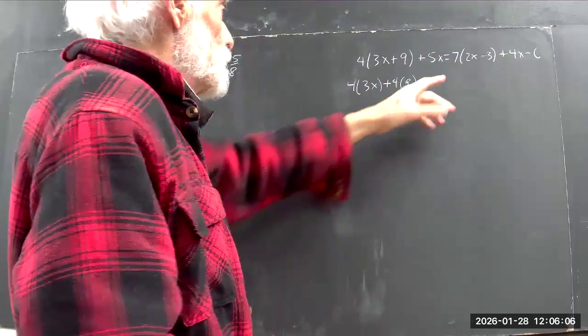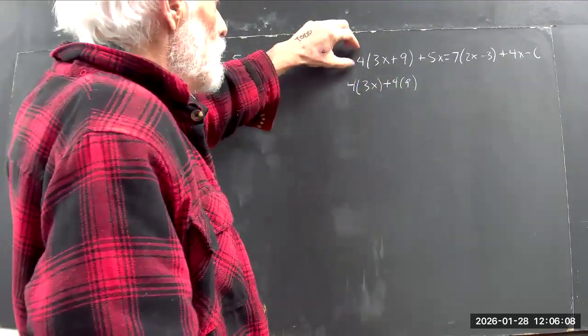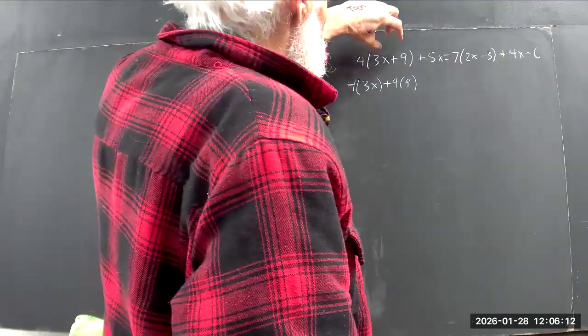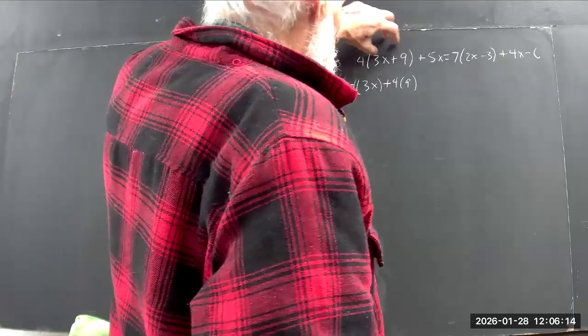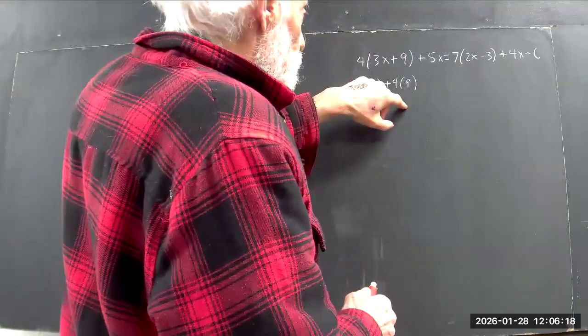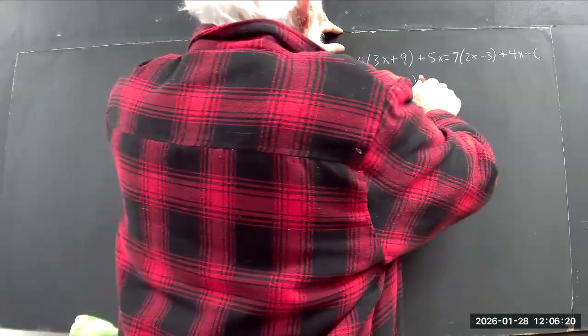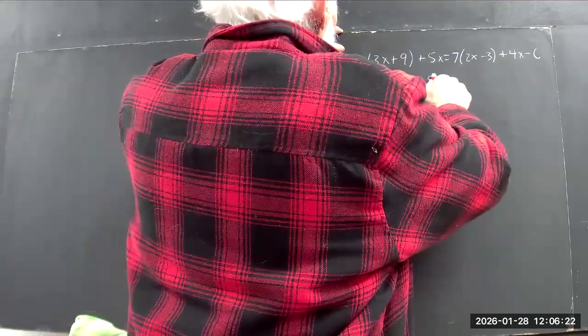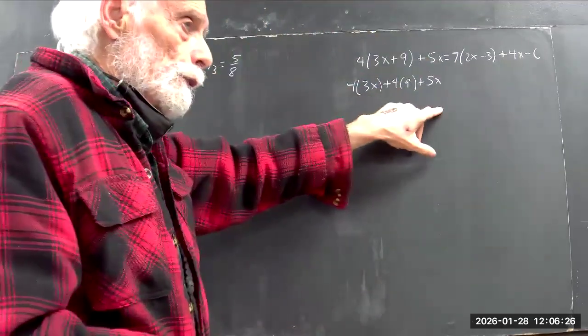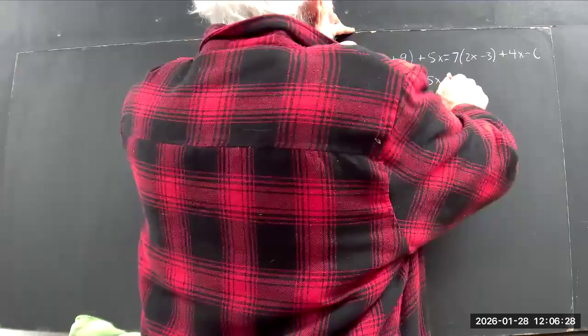First thing we want to do is simplify the left-hand side. We use the distributive law to multiply the 4 by the quantity 3x plus 9, and we get 4 times 3x plus 4 times 9. And then we still have the 5x outside of that parentheses. So there's the first step in simplifying the left-hand side.